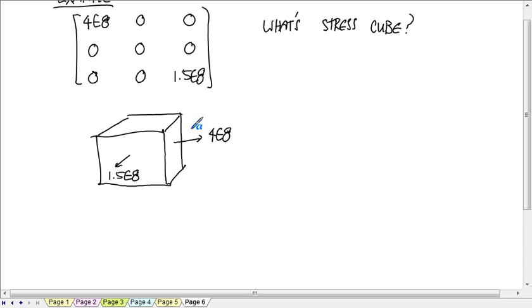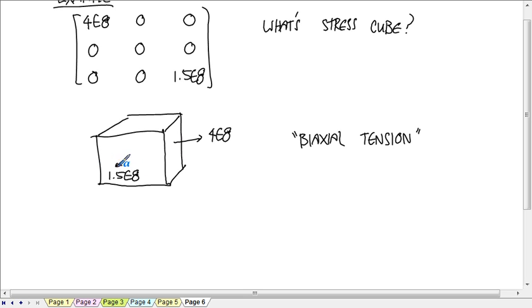And a stress state like this would be called biaxial tension. You can imagine what's going on here is the positive X and negative X faces are being pulled apart.